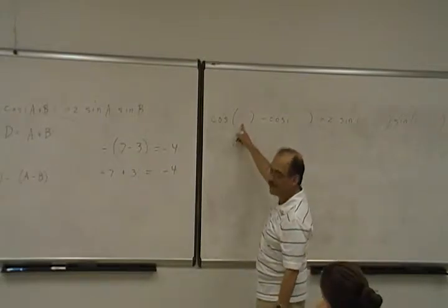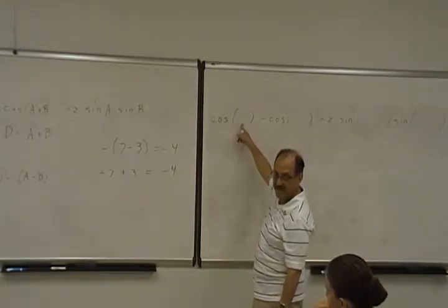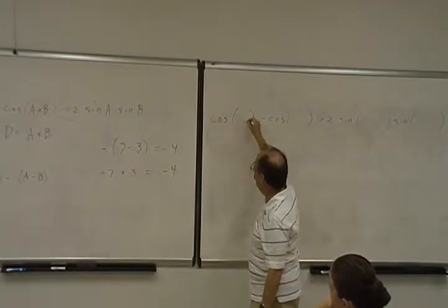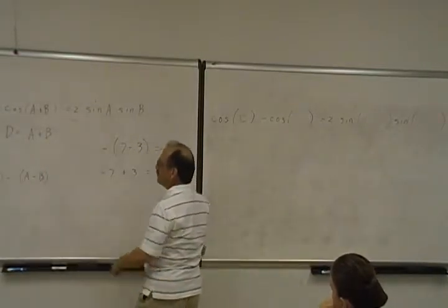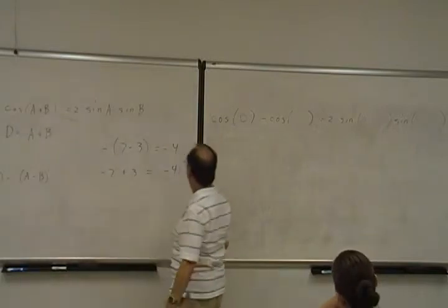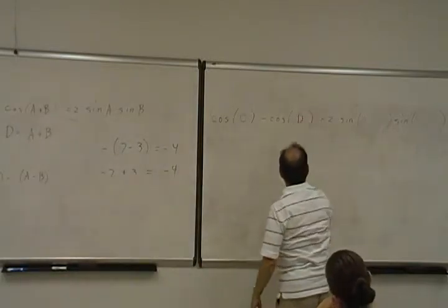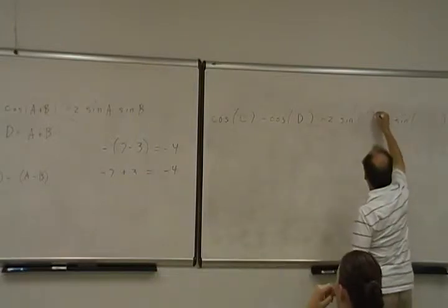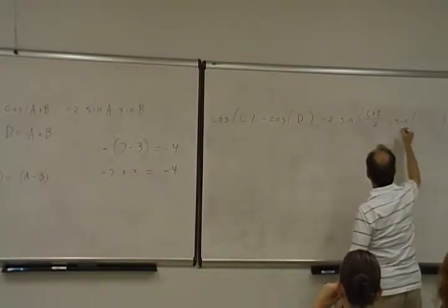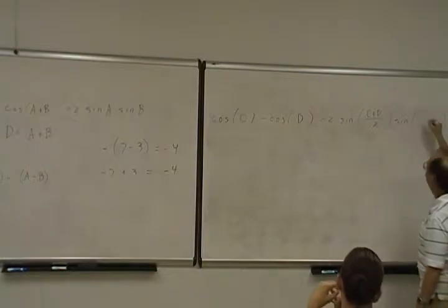What is A minus B? C. C is written right there. What is A plus B? And now what is A? C plus D over 2. What is B?